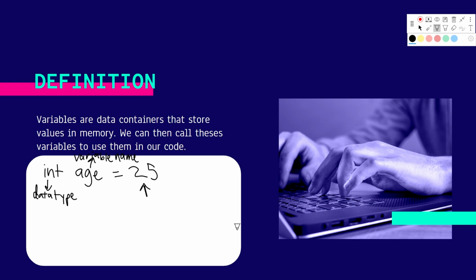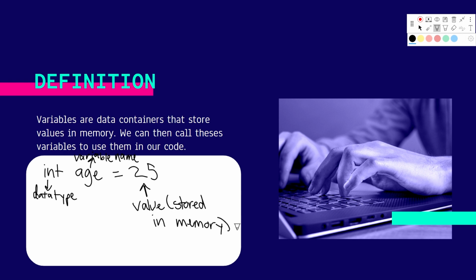And 25 is the value that will be stored in memory. So these are the three steps of both the declaration phase and the initialization phase.